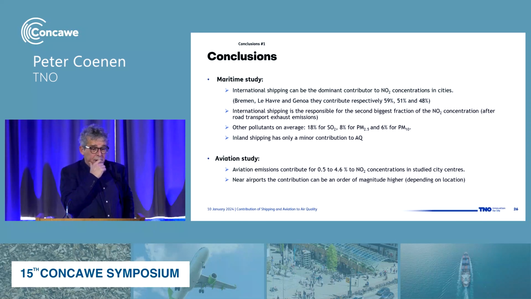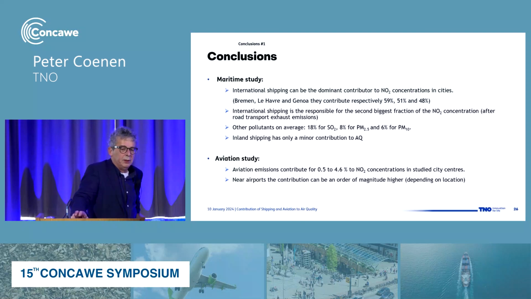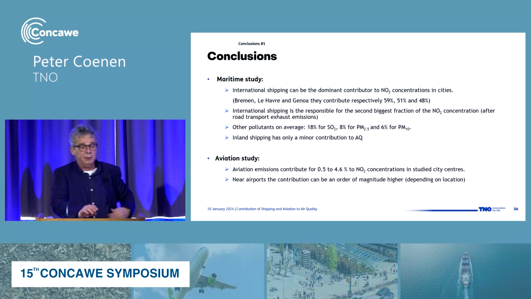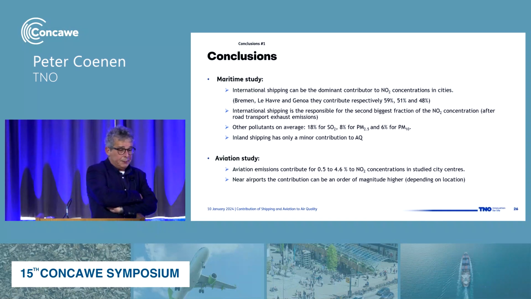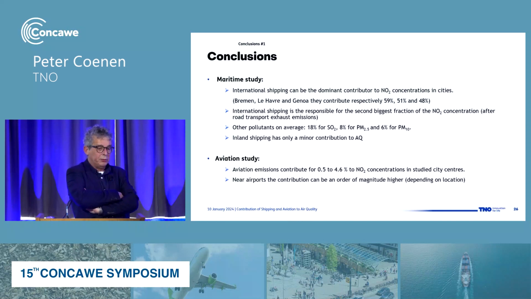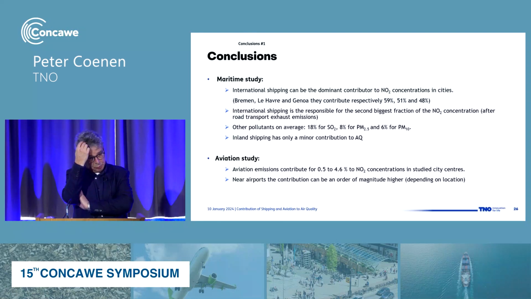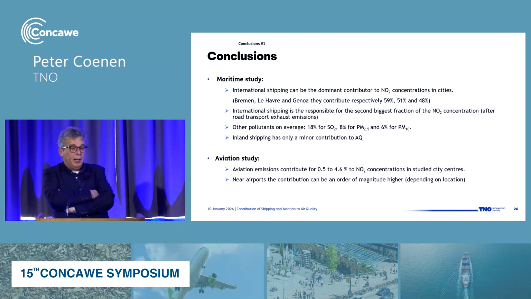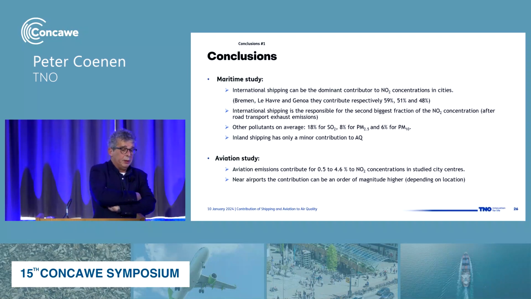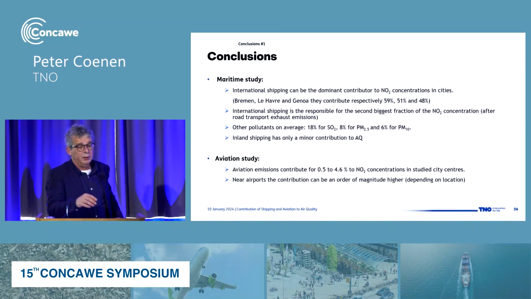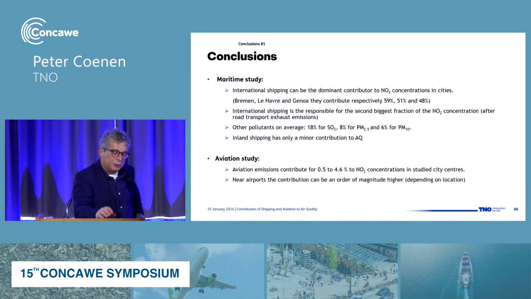International shipping is now the second biggest contributor to the NO2 concentrations behind the road transport exhaust emissions. For other pollutants, the percentages are somewhat lower because other sources have far higher emissions, for PM and SO2. And what we also see is that inland shipping on the whole in Europe is only a minor contributor to air quality, but for specific cities near the river, it can be significant.